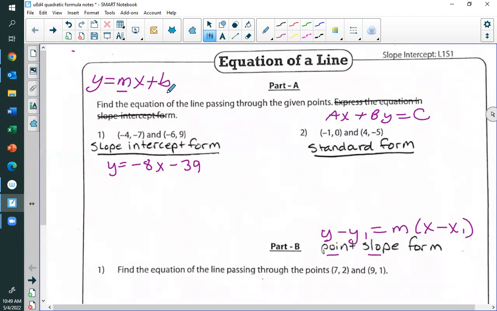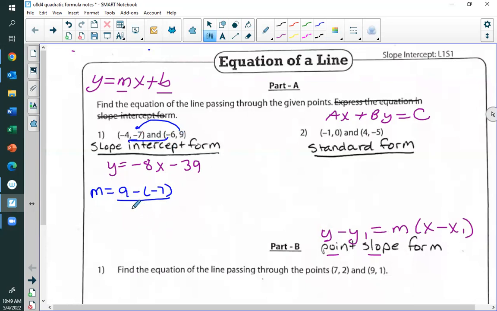So you need slope and you need the y-intercept. So the way we do this problem is first we have to find slope, right? I have 2 points and slope is the change in y. So 9 minus -7. I'm finding slope right now. That's 9 minus -7 all over my change in x.